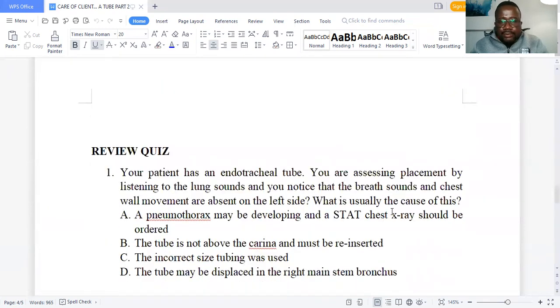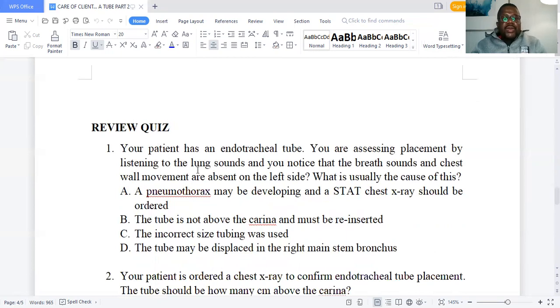Question number one. Your patient has an endotracheal tube.